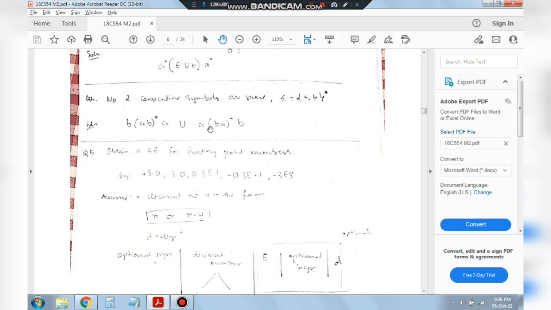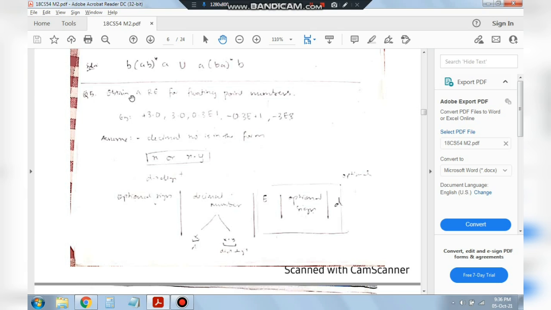The next one is obtain a regular expression for the floating point numbers. So observe the format of floating point numbers. In this example we have a plus sign here, then a digit, then dot, then here also one digit. That's also a type of floating point number. In this one we don't have any sign here. This is also a valid symbol. Here we have E, and after E we have 1, right?